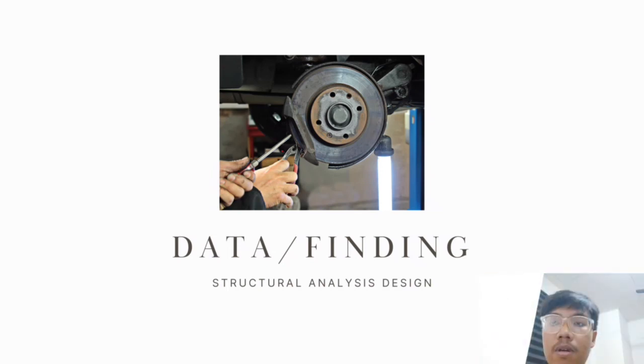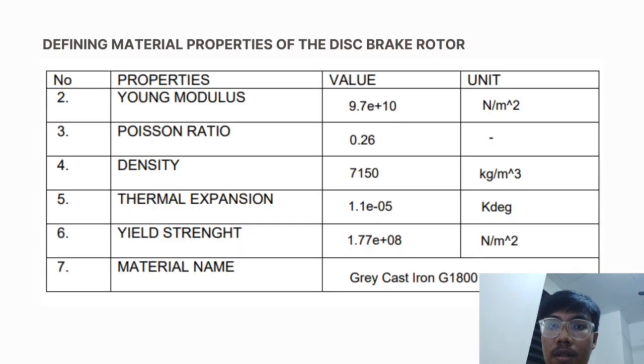Alright, I'm going to explain the data findings and structure for the structural analysis of the design. So, defining the material properties of the disc brake rotor, we use a material named gray cast iron G1800.